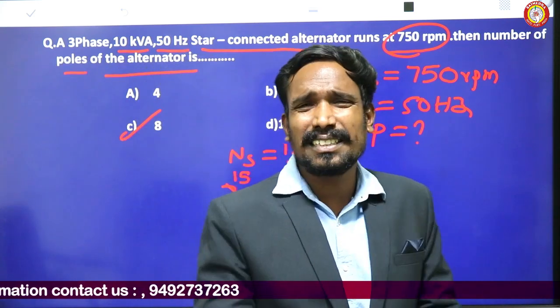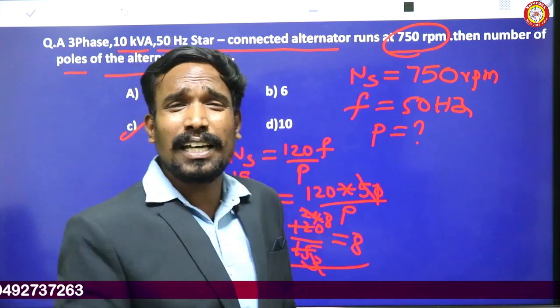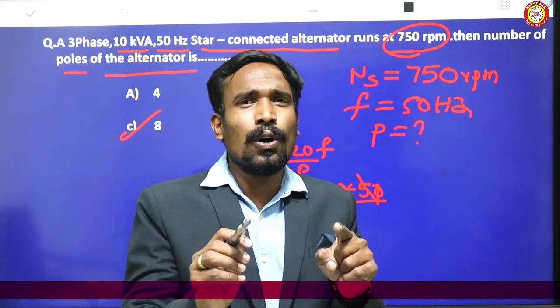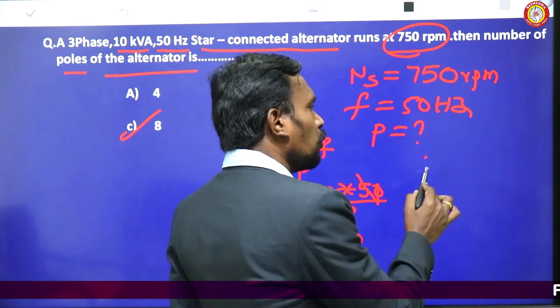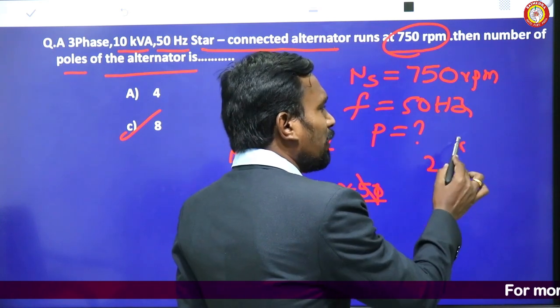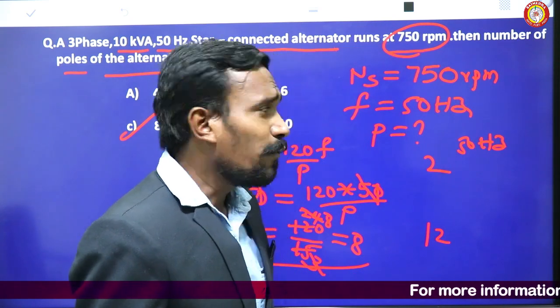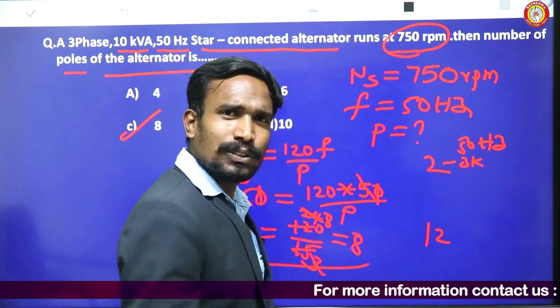So we can get the answer easily, but don't do this process in your examination. In your examination, you should already have an idea in your mind, from 2 poles to 12 poles, of what the synchronous speeds are for 50 Hz. For 2 poles, the synchronous speed is 3000.